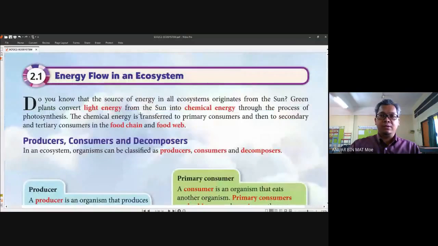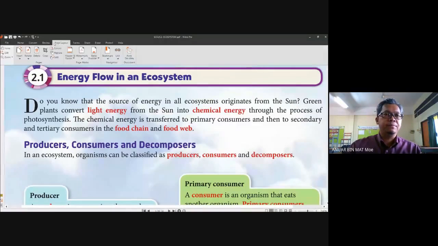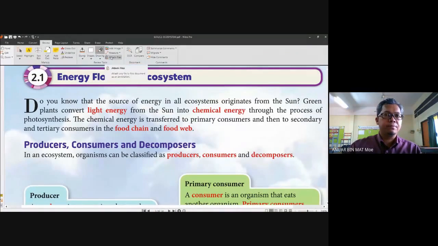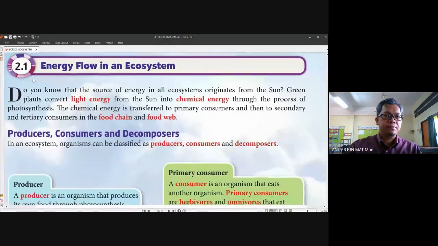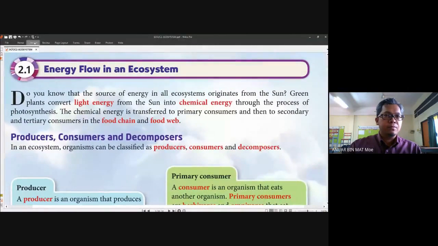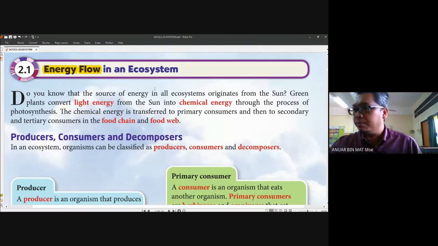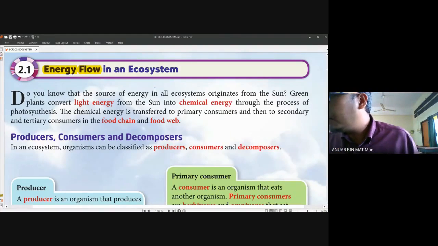This is our first topic for today. The first subtopic is the energy flow in an ecosystem.